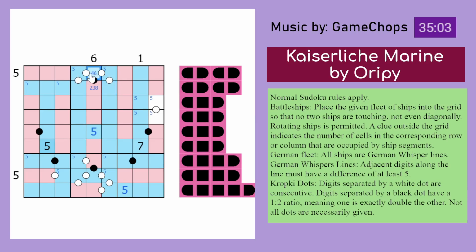Oh, right. If it was a 4 here, then wherever you start from the 5, you must go 5, 4, 3, 2. So this digit can't be 2 then. Yeah, okay. So I guess we can eliminate 2 from that cell.